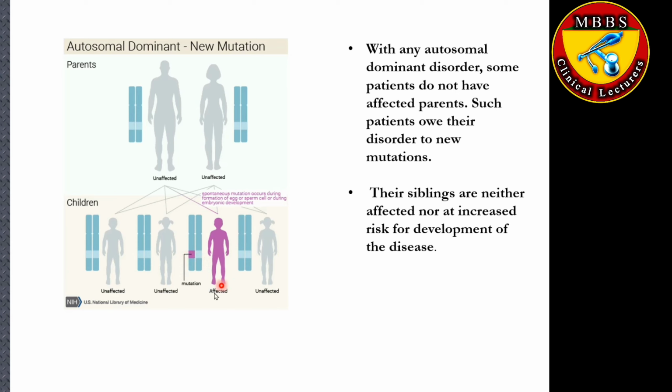So a new mutation occurred in one child of these unaffected parents, and this affected child can then pass on the autosomal dominant disorder in every generation. With any autosomal dominant disorder, some patients do not have affected parents, and such patients have the disorder as a new mutation. Their siblings are not affected, nor at increased risk for development of disease, because the parents are normal, right? So this is the new mutation.